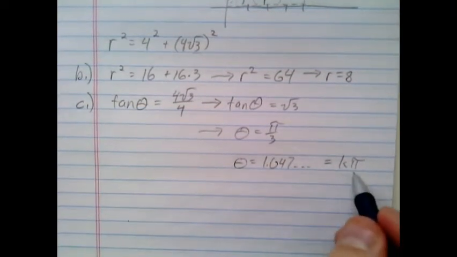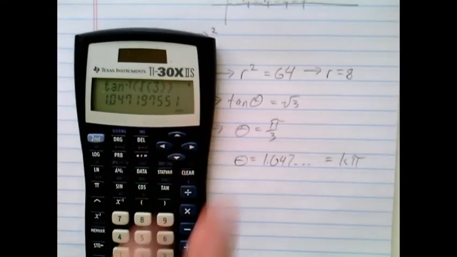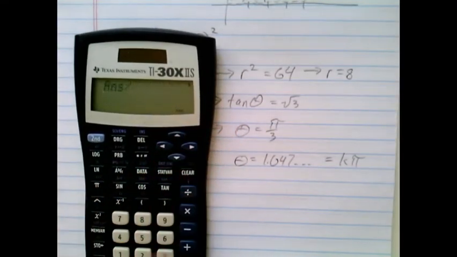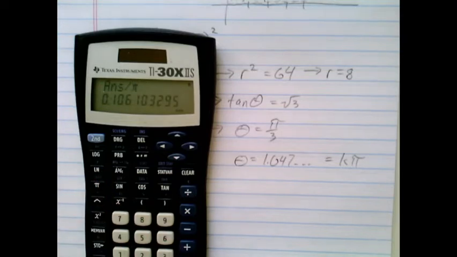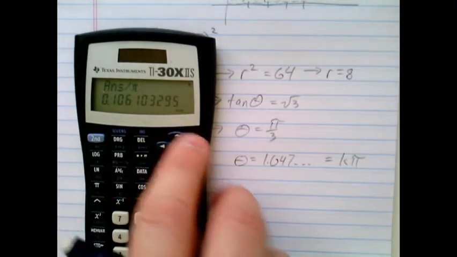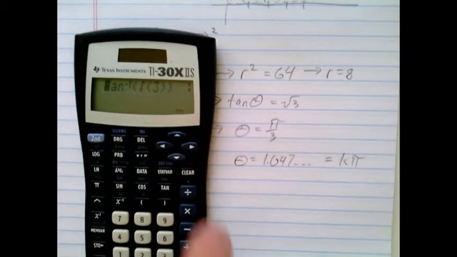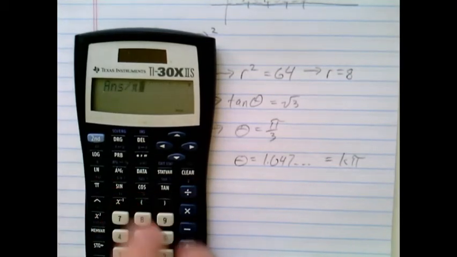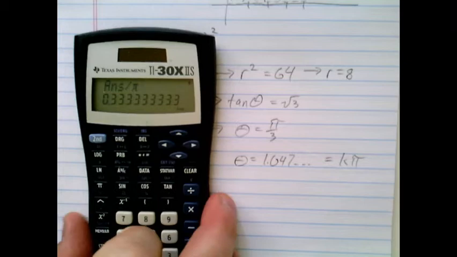Well, if we divide by pi, it'll tell us what that number is. So I'm going to say that's probably the thing to do. Okay, divide by pi. And I got 1/3 when I did that. Alright, there's my decimal, but what multiple of pi is that? Well, let's divide by pi. I get 1/3. Alright, so that number was 1/3 pi, or pi over 3.